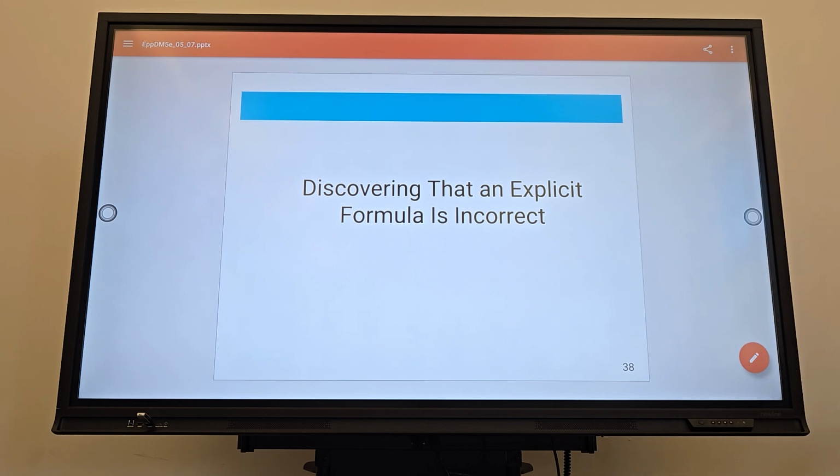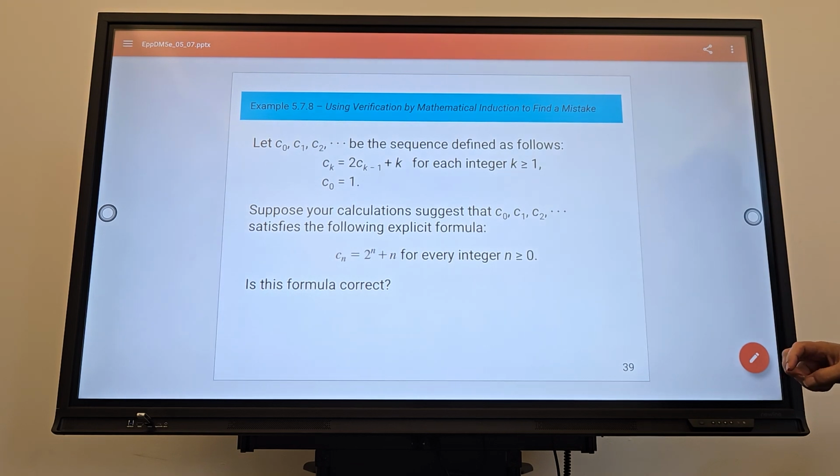Discovering that an explicit formula is incorrect. Things don't always go as planned. Let C sub 0, 1, and 2 be the sequence defined as follows. C sub k equals 2c sub k minus 1 plus k for each integer k greater than or equal to 1, and C sub 0 equals 1.